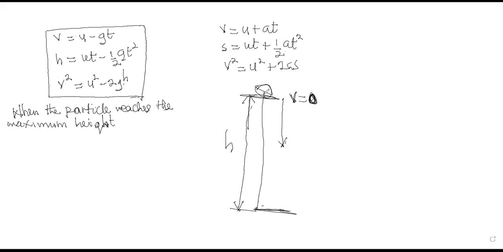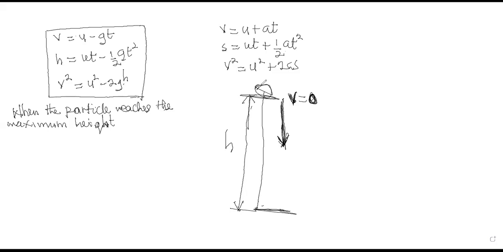So at the maximum height, the final velocity of the body is 0. Are we okay? No, sir. When a body goes up, wherever it could reach, it will start coming down, isn't it?